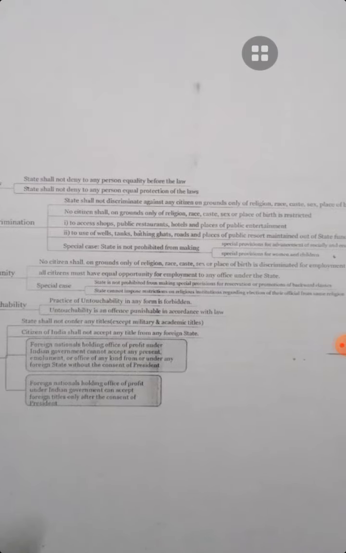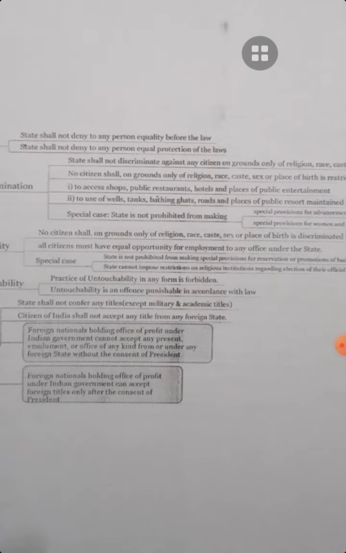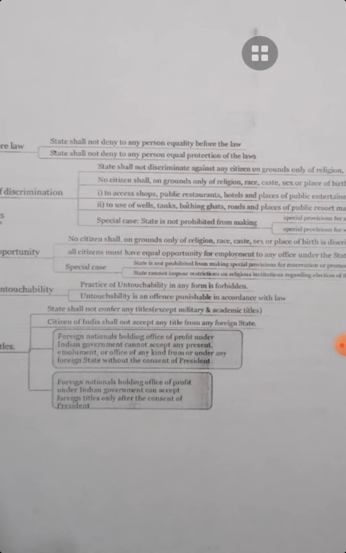The state is not prohibited from making special provisions. All citizens must have equal opportunity in employment to any office under the state. Special case: the state is not prohibited from making special provision for reservation and promotion of backward classes. The state cannot be restricted regarding religious institutions. Practice of untouchability is forbidden, and it is an offence punishable in accordance with law.